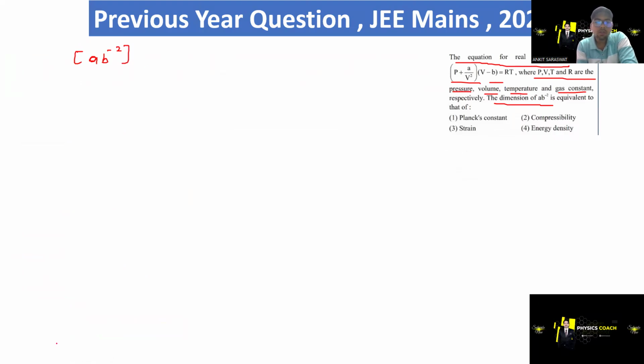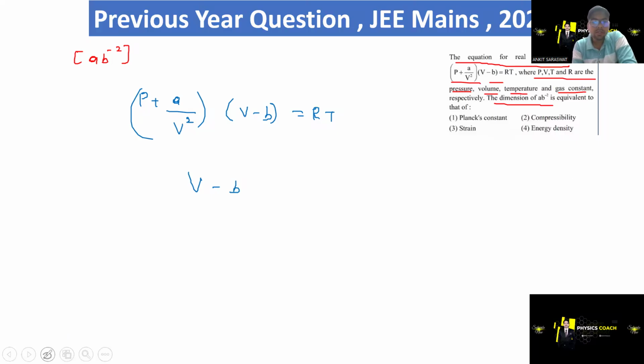So first of all, write the equation (P + a/V²)(V − b) = RT. Now, if you look carefully at V − b, we can add or subtract two physical quantities only when they are dimensionally homogeneous.